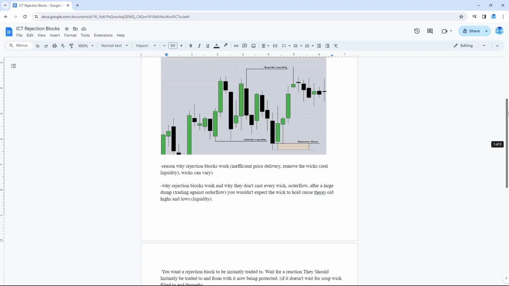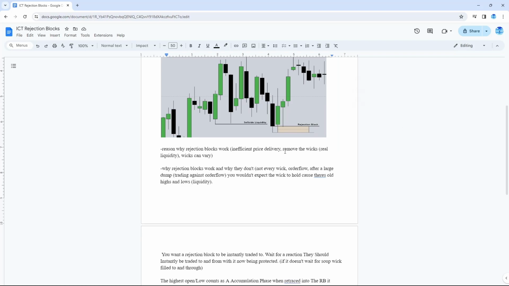The reason rejection blocks work is that they are efficient to price delivery. It removes the wicks and shows the real liquidity, because the wicks themselves can vary. Why do the rejection blocks themselves work, and why do they not work?